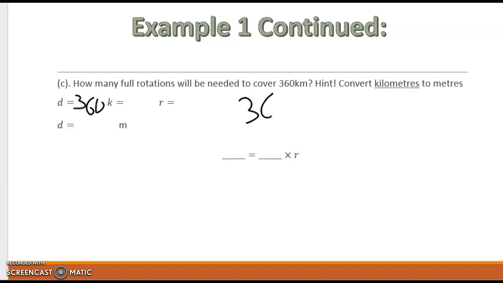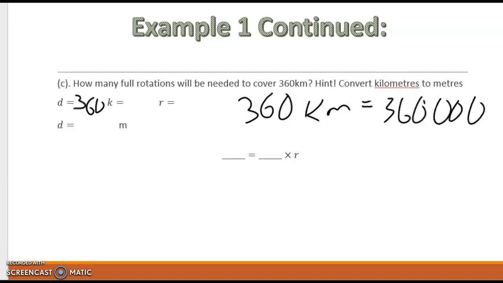We've got 360 kilometers equals 360,000 meters, multiplying by 1,000. We've already worked out that K for this question was 95 over 54.